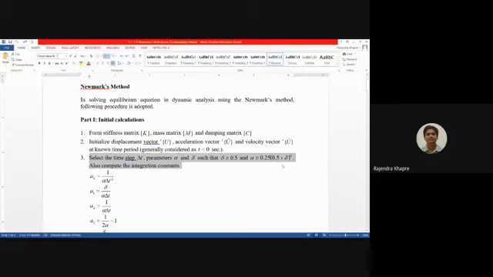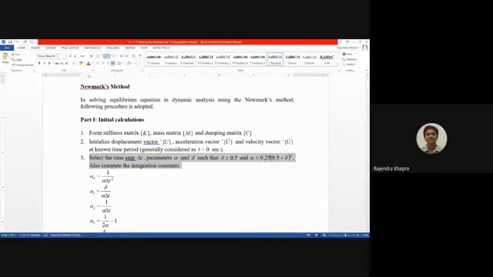Once the value of delta is assumed, you can get the value of alpha as 0.25 times (0.5 plus delta) whole square. This is a standard expression which you can use to calculate alpha. But most of the time the alpha and delta values will be given to you.